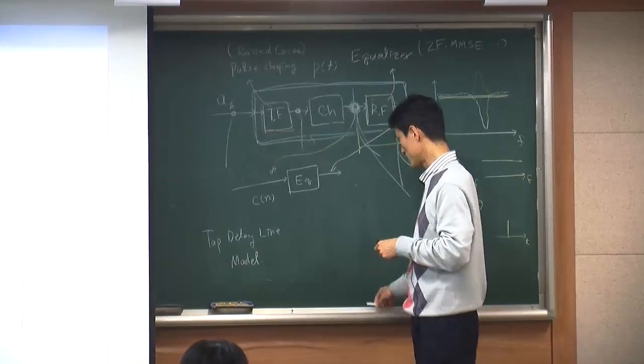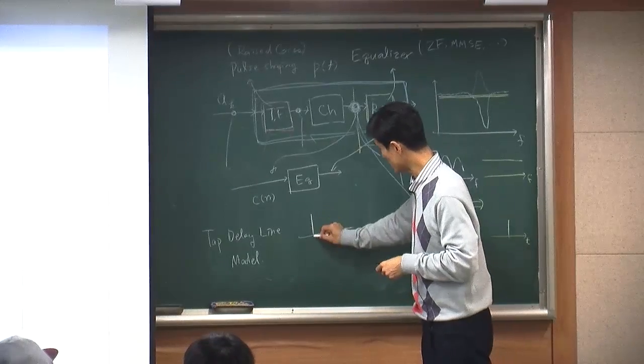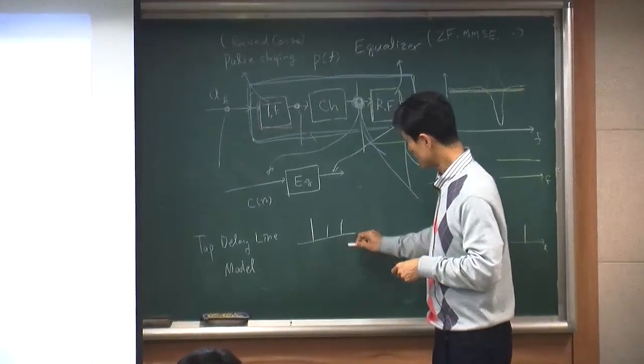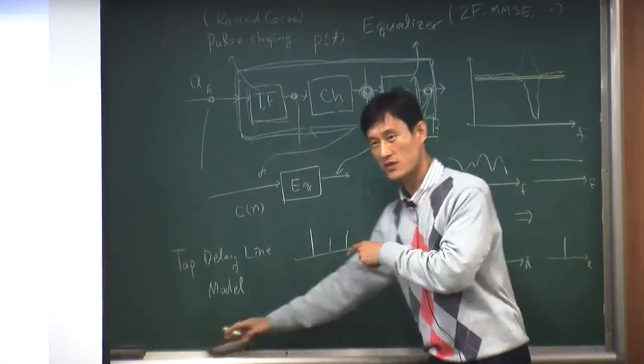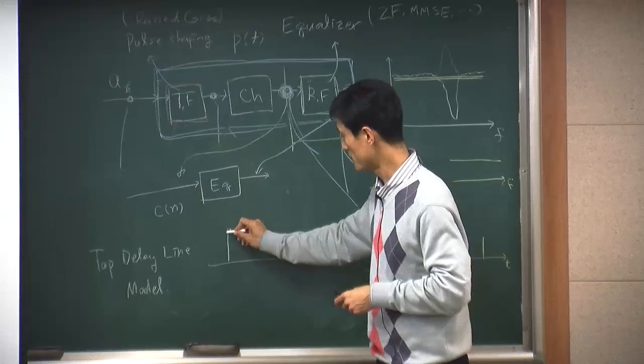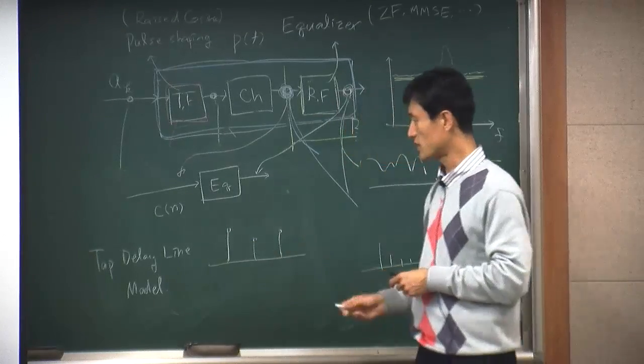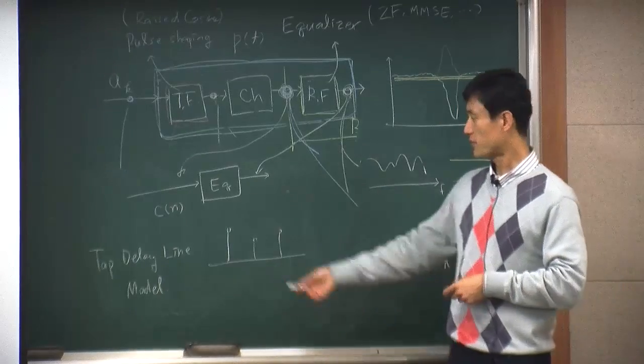What that means is, for this equalizer filter, I'm going to use it this way. We've seen this kind of picture many times, right? I used this model many times earlier. So this is a tap delay line. We have 3 taps.